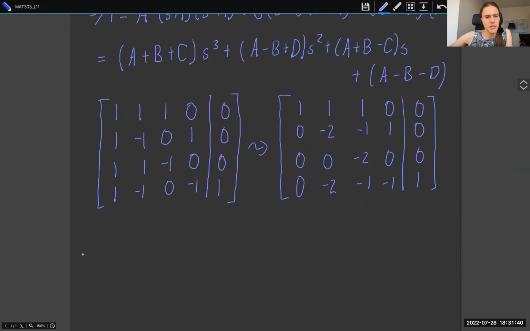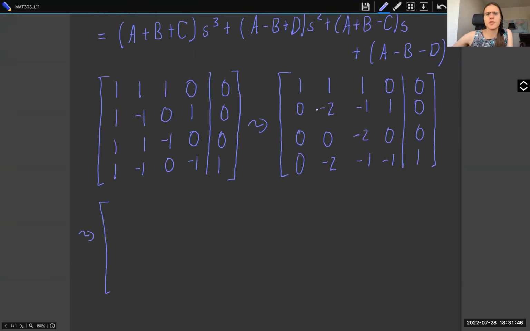Okay, well, that's pretty ambitious. I did several steps at once. So I'm going to use this to cancel that out. So I'm subtracting 1.